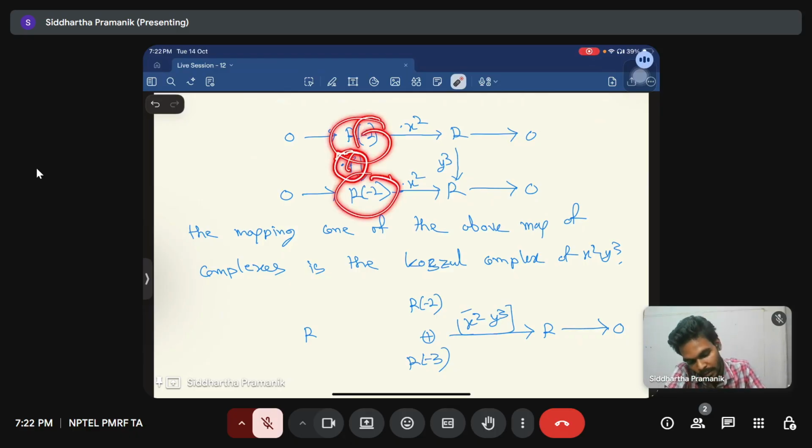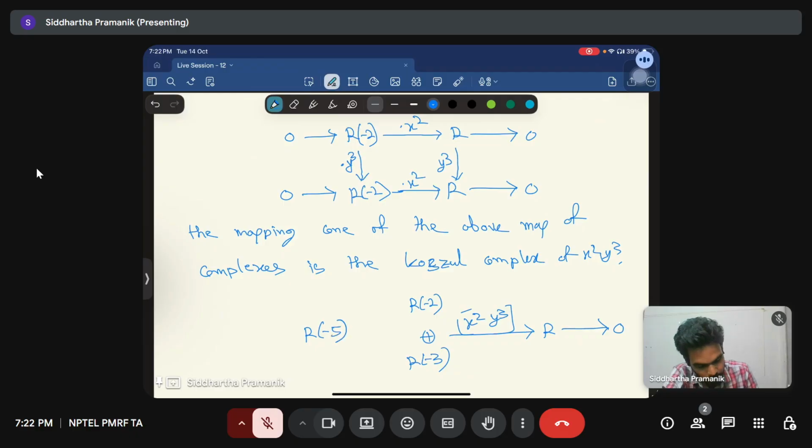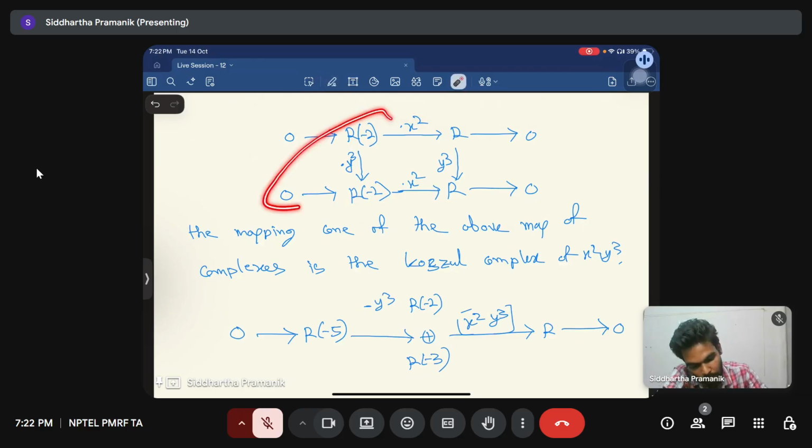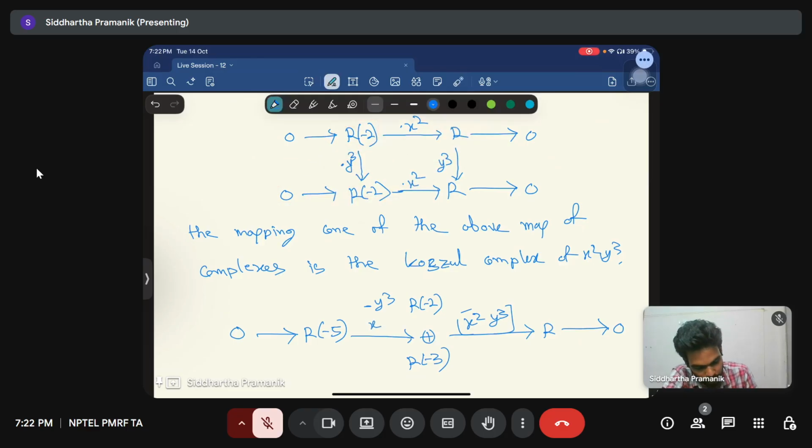So 3 more should be shifted here. So it will be R(-5) to here from 0. And this is basically minus, so the map is from this module to this module. One is y^3 and we need to shift one sign, minus x^2. So x^2, y^3.